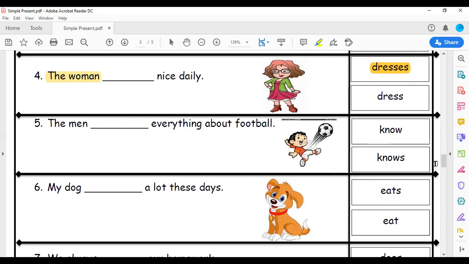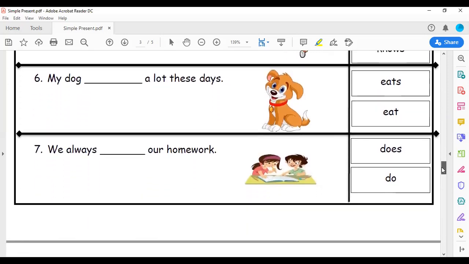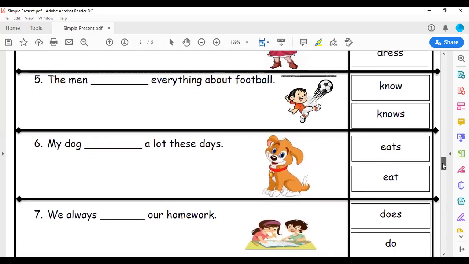Okay, so 5, 6, and 7 are homework. This is a homework, this is a homework, and this is another homework. Please do them. I'm going to read them for you.